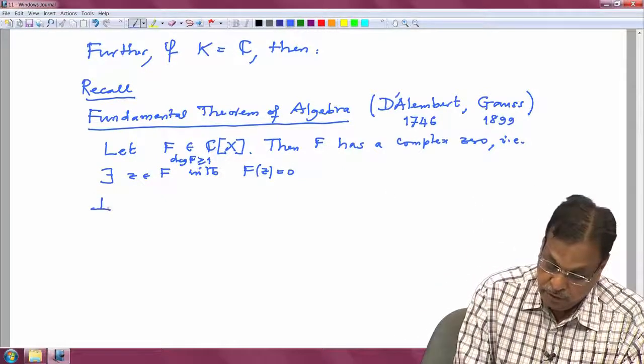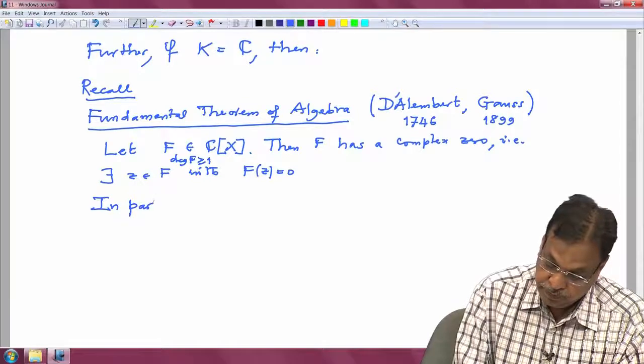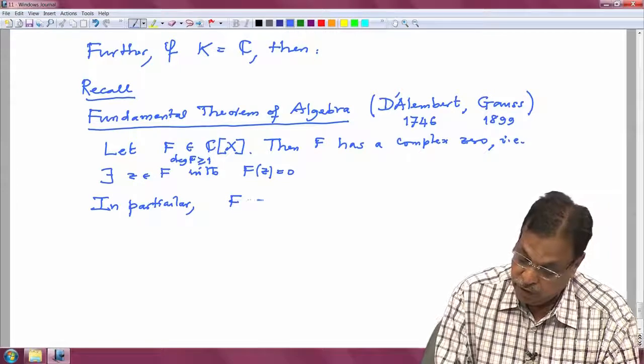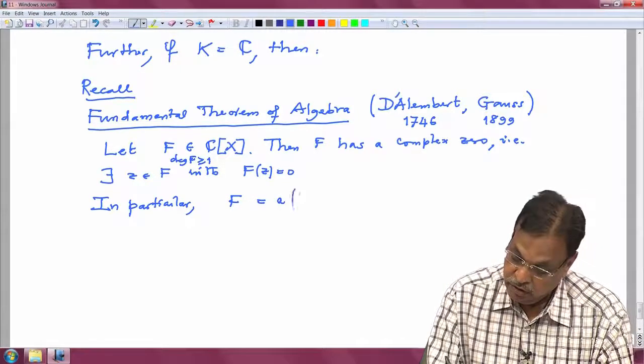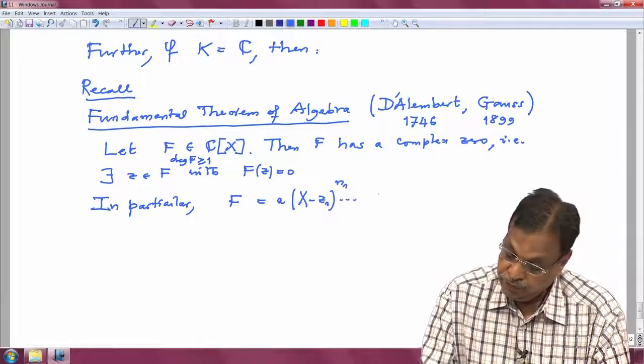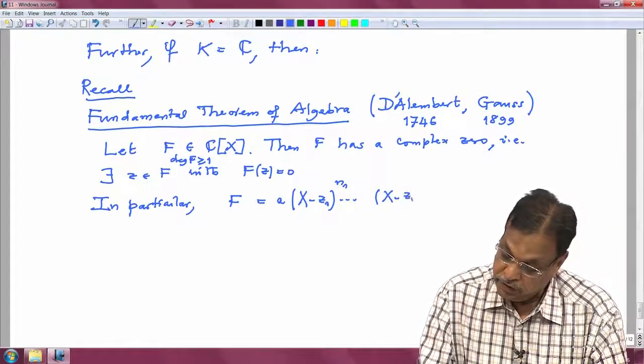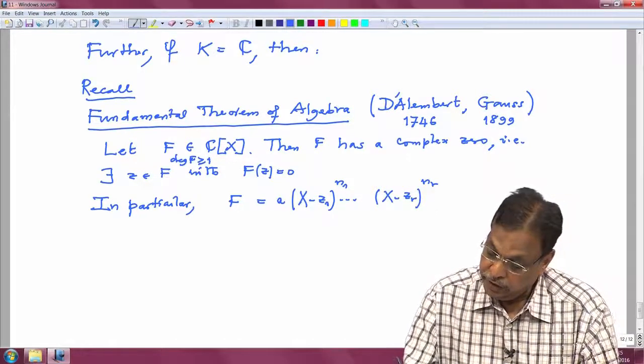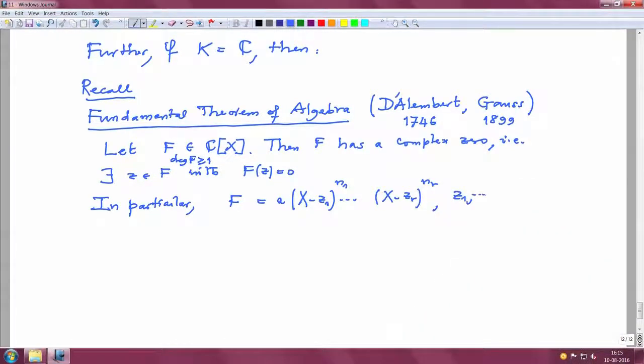So, in particular, we get a decomposition f equal to some constant times (x minus z1) power n1 up to (x minus zr) power nr, where z1 to zr are distinct complex numbers and n1 to nr are the multiplicities of these zeros, non-zero natural numbers.